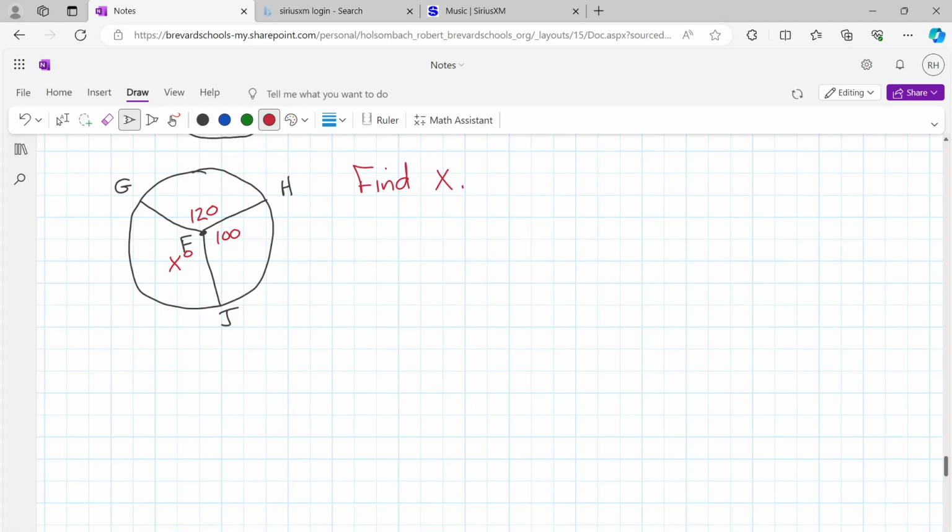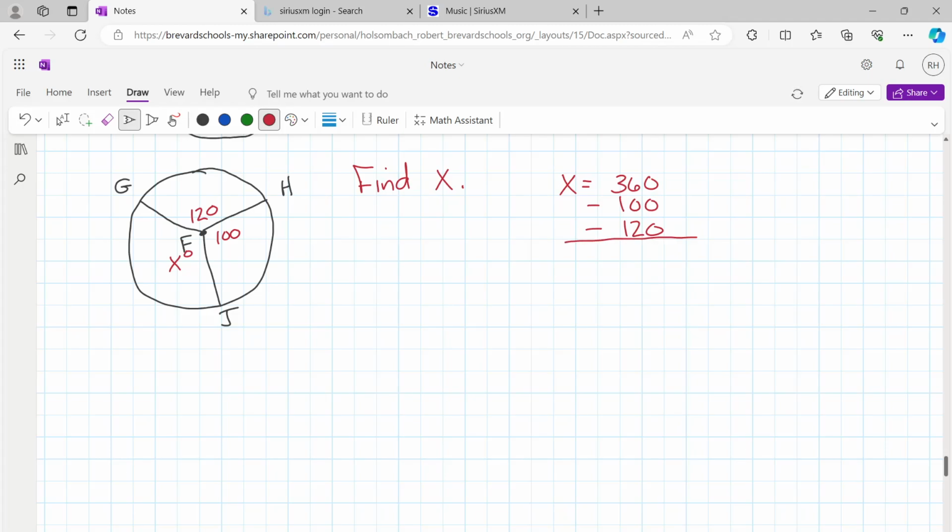All right, so just like when you were finding missing angle measures inside of a triangle, the sum of the angles of a triangle is always 180. The sum of the central angles of a circle is 360. So we can say that x is equal to 360 minus the 100-degree angle minus the 120 angle.